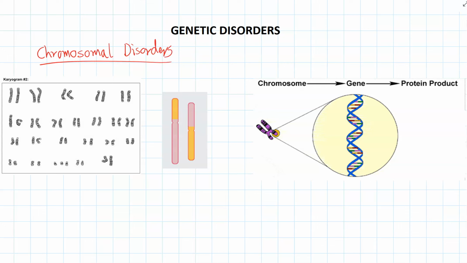So in a chromosome disorder, something goes wrong on the big scale of a chromosome. In this case, this person here has 3 copies of chromosome 21. And when you have 3 copies, we call that trisomy. So this person has trisomy 21. Anyone who remembers that, these people have Down syndrome.